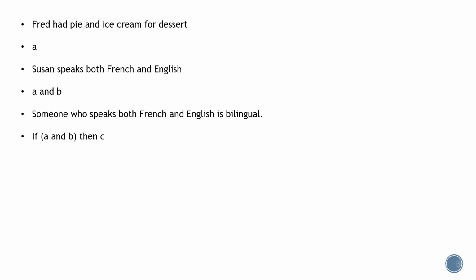So note the parentheses around the A and B here. The reason we put these parentheses there is because these things go together. It's not if A, and B then C, right? That's not what's going on here. It's if A and B, then C. And so that's what the parentheses help to do. They help to clarify that.